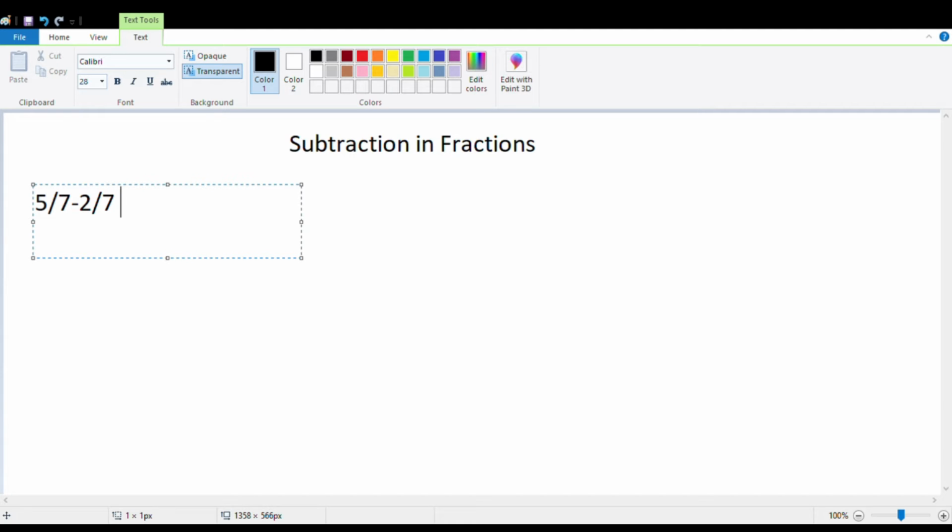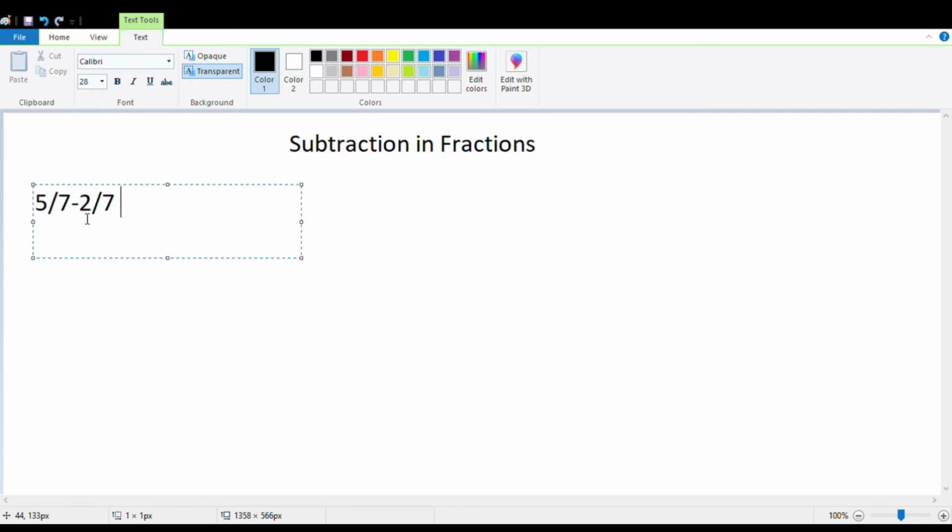As we all know, we usually don't take out the denominators unless it's an unlike fraction. We don't mind the denominators because they are like fractions, since the denominators are the same. If they are unlike fractions, we will get to that later.